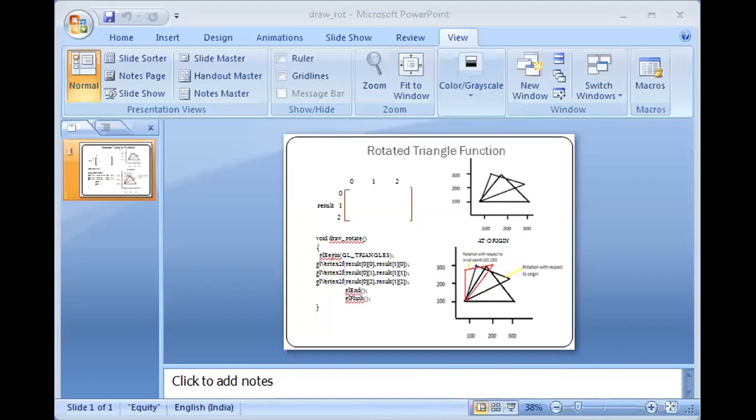Then I will draw the rotated triangle at origin. Next I will again calculate rotated triangle coordinates at x and y. X and y means at pivot points, that is, here I say 100, 100. I will rotate my triangle keeping 100, 100 fixed. Then again I will draw the rotated triangle at x, y.